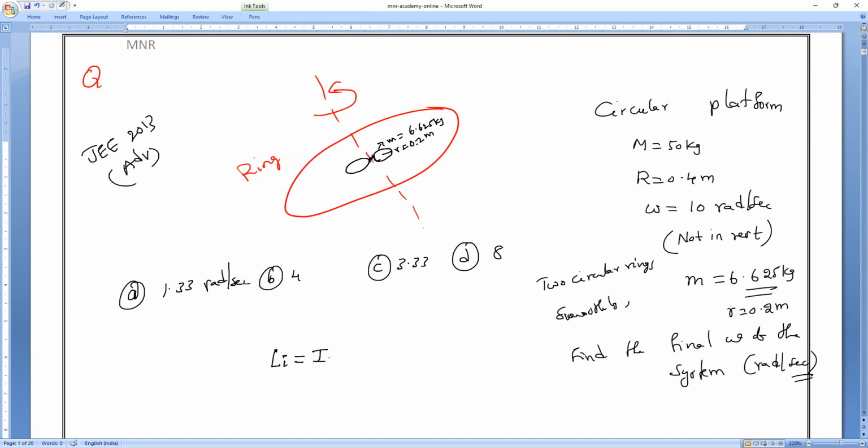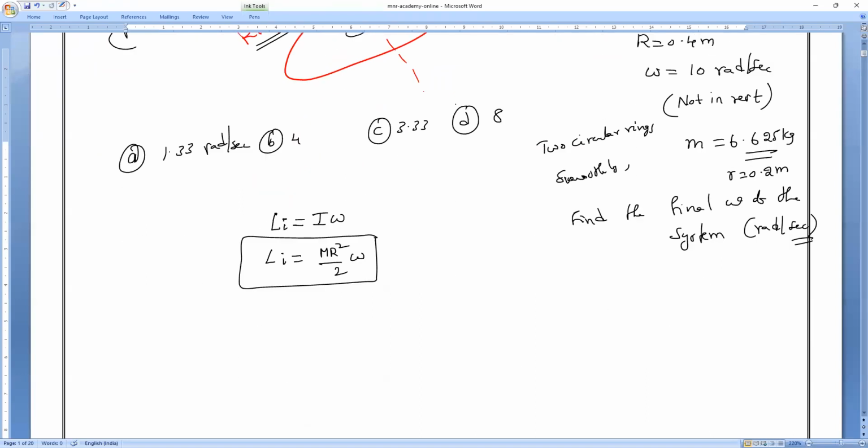Not equal to zero, which is equal to I omega. So what is the ring, actually? Ring means axis of rotation. What is the inertia of a ring alone initially? m r square by 2 into omega. So this is the initial angular momentum. I hope you all understand. Everybody clear? So that is what it is.